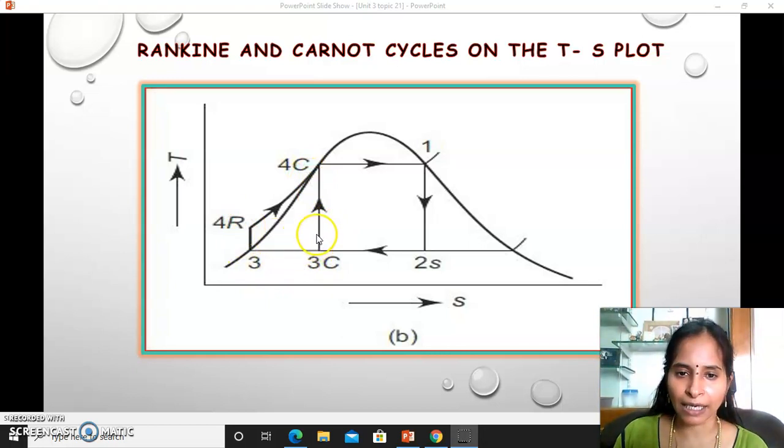Here they are pumping in the middle of the wet steam itself, and in the Rankine cycle it is the extraneous work which deals with 4c, 3c, 3 and 4R.